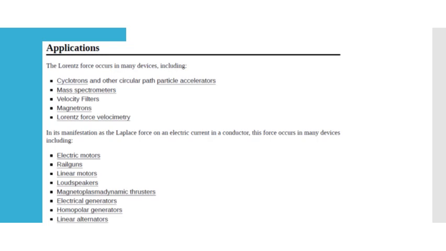So in many electric applications we use this law. We have discussed that this law is very useful for electric and magnetic fields, and this law can be used to guide the charged particle stream.